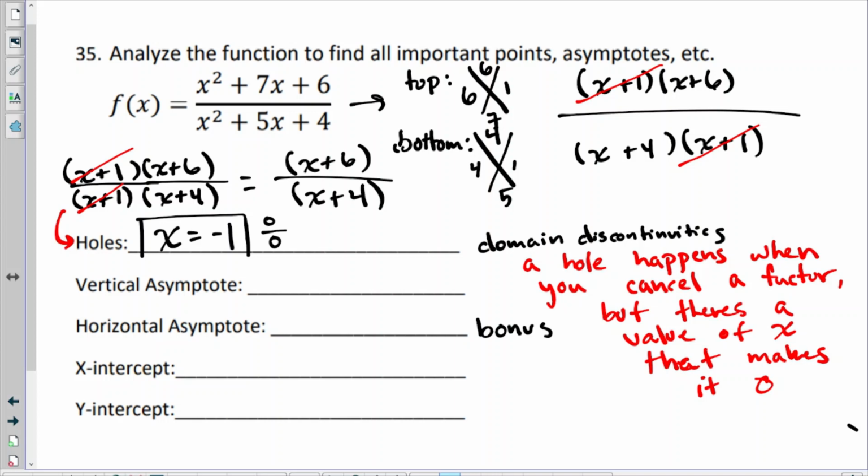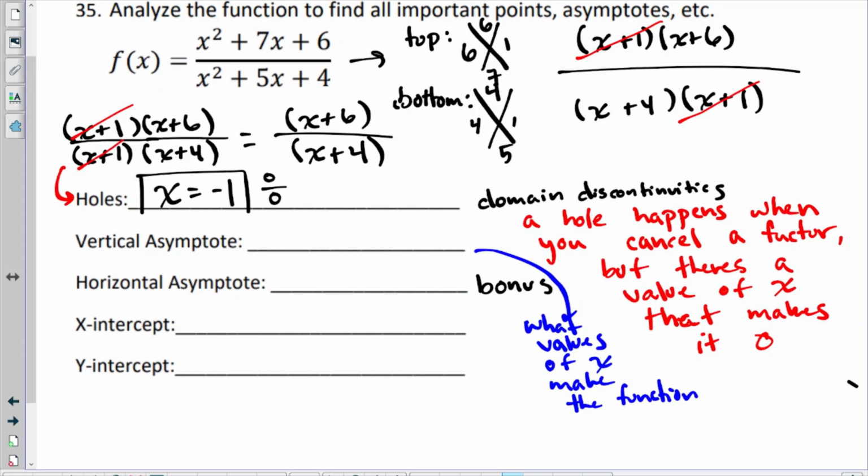Okay, a vertical asymptote happens where you would just divide by 0. So in other words, the vertical asymptote is what values of x make the denominator equal to 0.